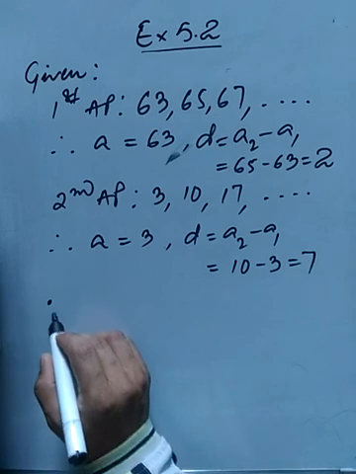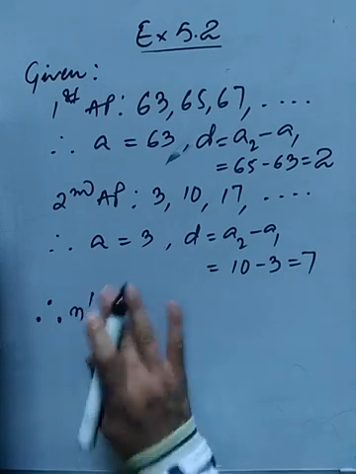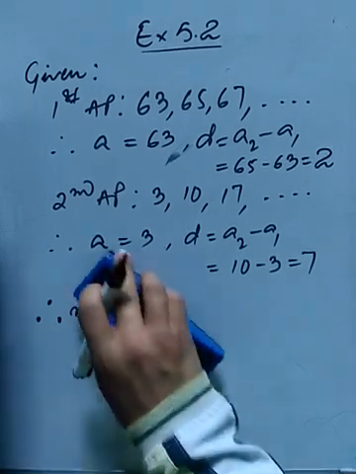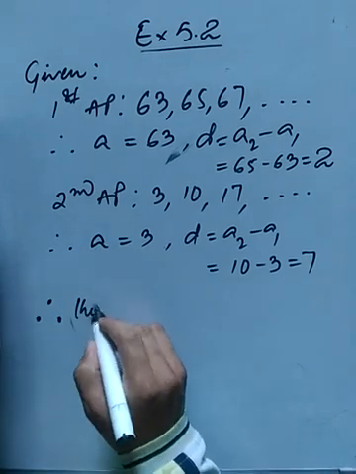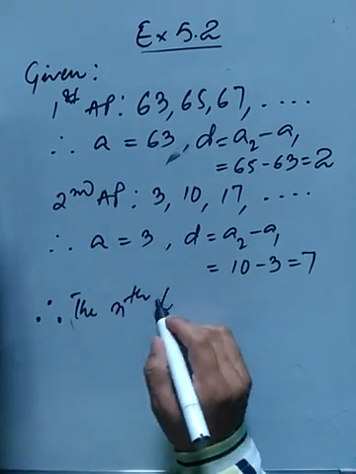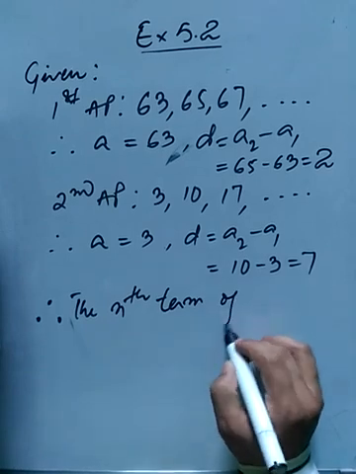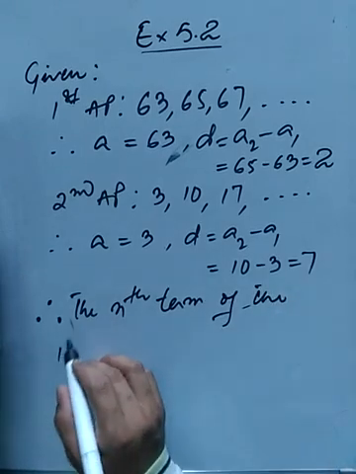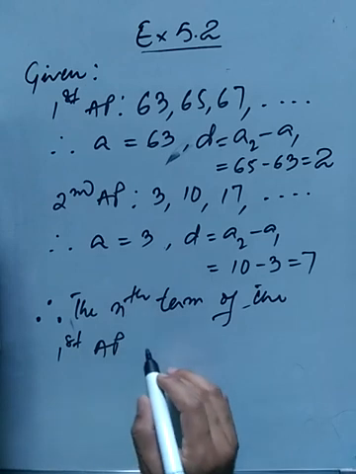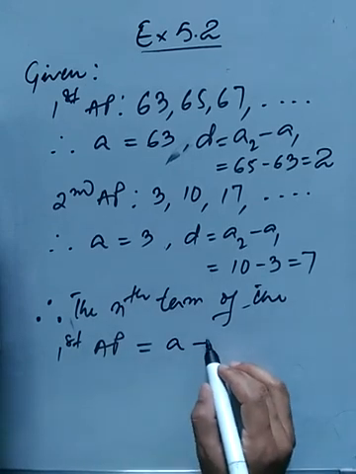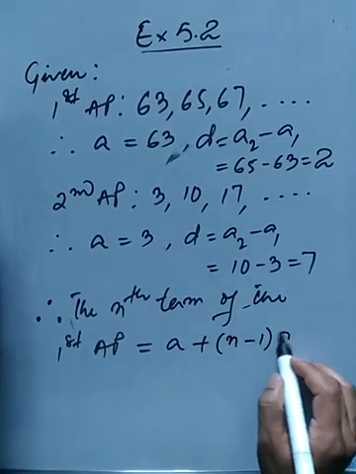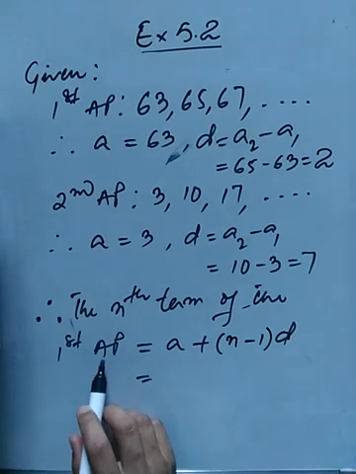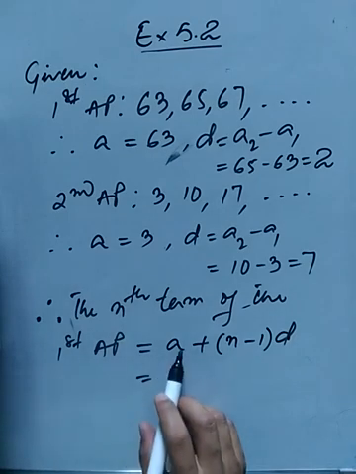So the nth term of the first AP equals a plus n minus 1 whole d. For the first AP, what is the value of a?